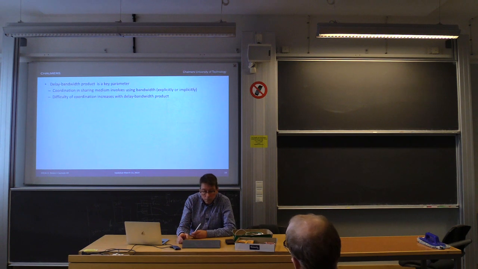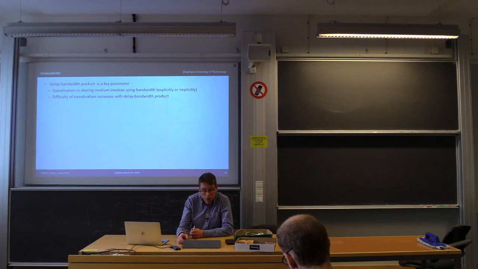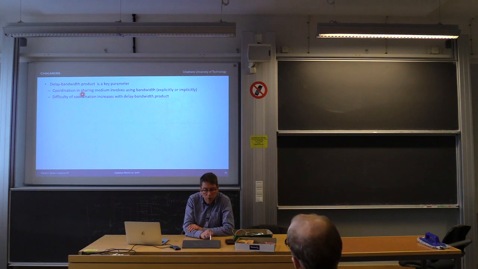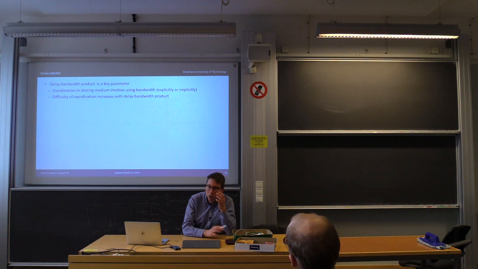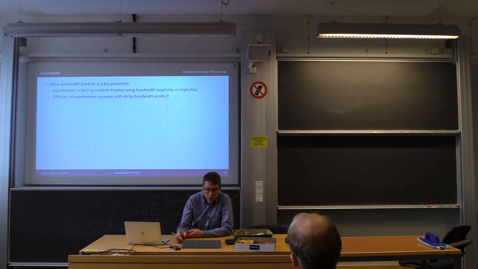The delay bandwidth product is a key parameter because when we want to coordinate sharing of the medium, we need to use the medium to do this. And the more delay we have in the medium, the more difficult it is to do this in a good way.